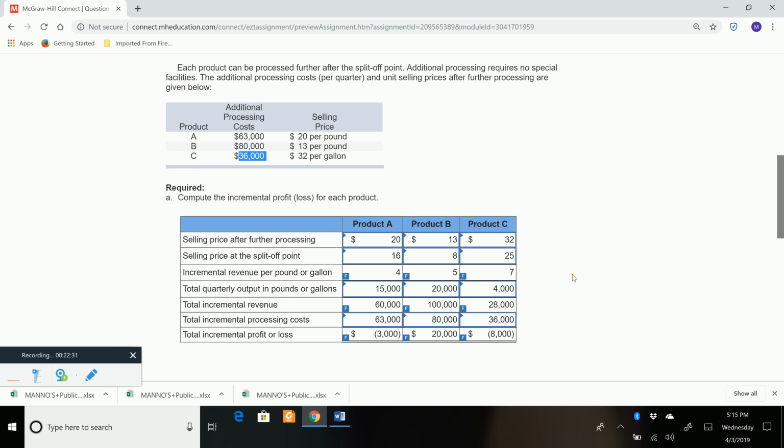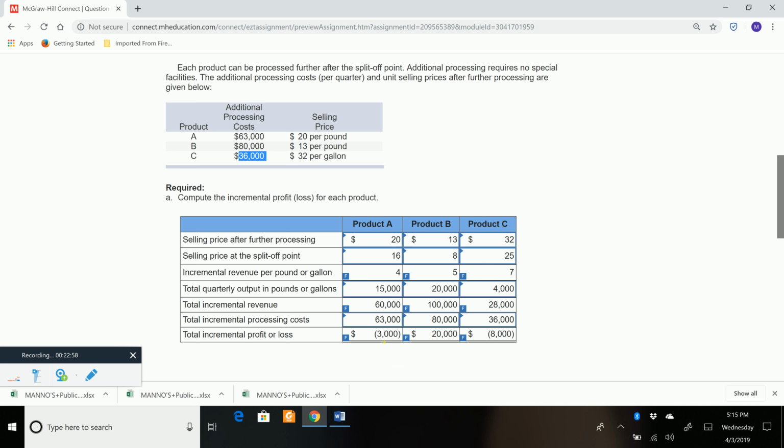Well, what you're going to do is compare the difference in selling price between selling or processing further. So for product A, it's the 20 less the 16, an additional $4 in sales. And the output is 15,000 pounds, 4 times 15,000. That's an extra $60,000 in revenue. But the author said we'd have additional processing cost of 63.